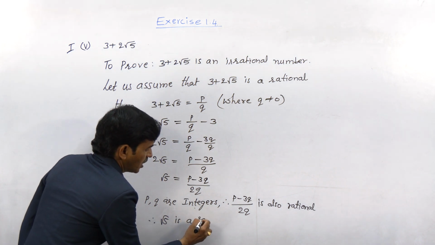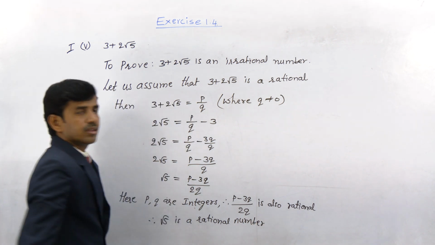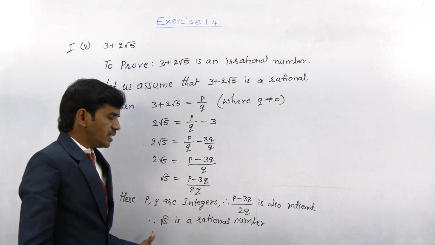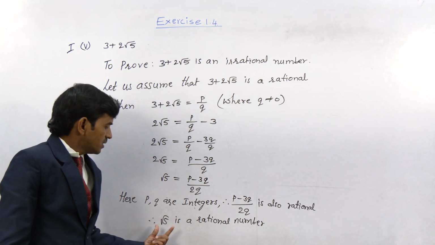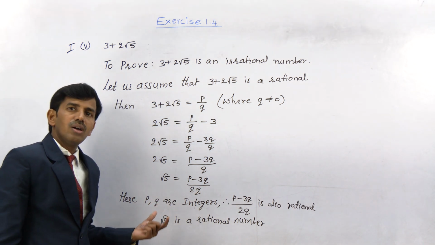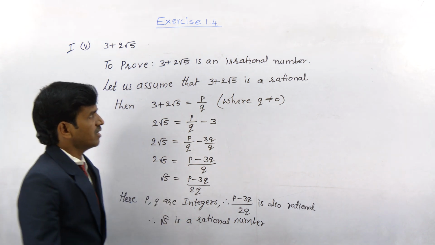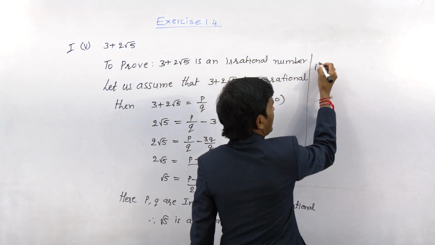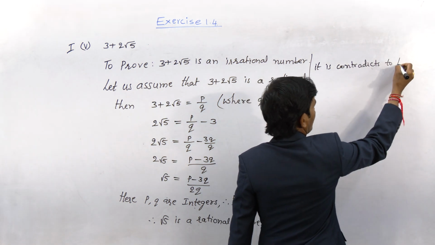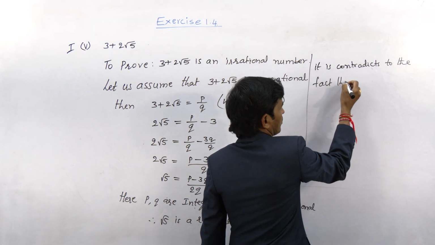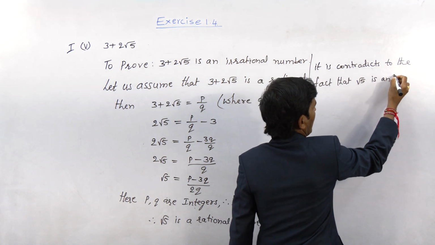A rational number. It is a contradiction to the fact that root 5 is an irrational number. So let us write here, it contradicts the fact that root 5 is irrational.